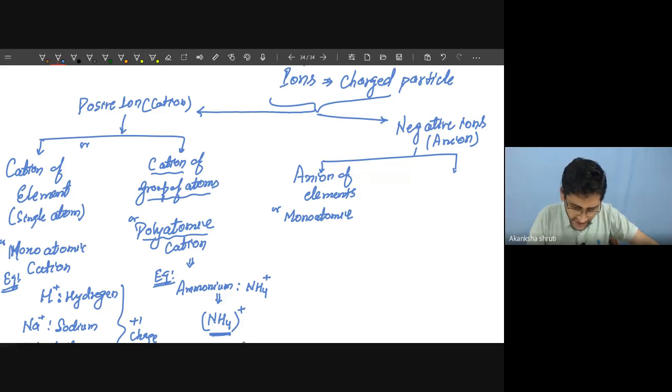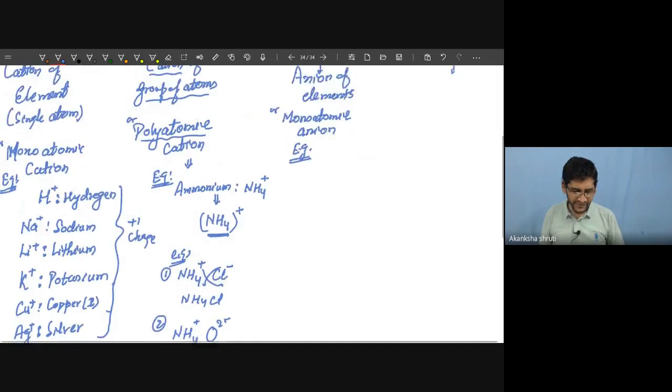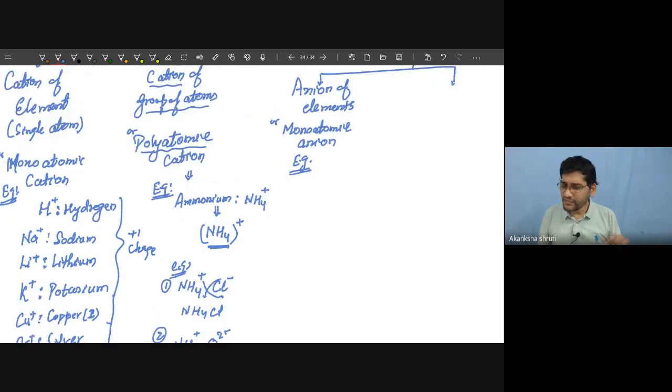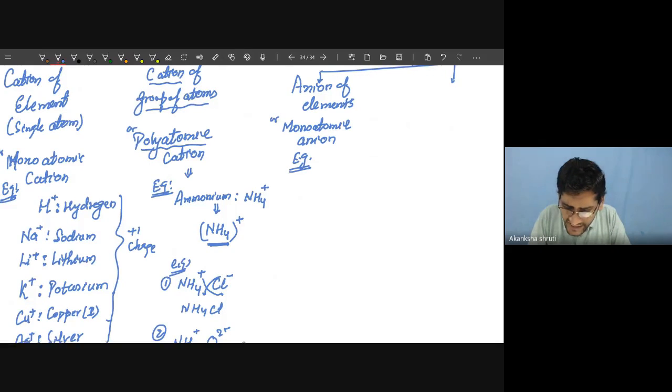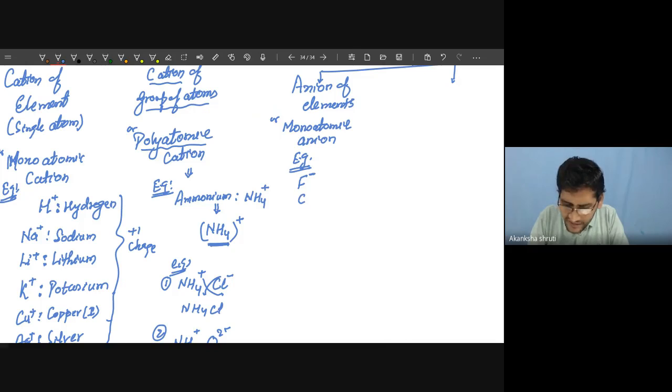So students, it is monoatomic anion. Let us take an example of this. Take monoatomic anion. We have learned how fluorine exists: F minus. Fluorine is the name of the element.